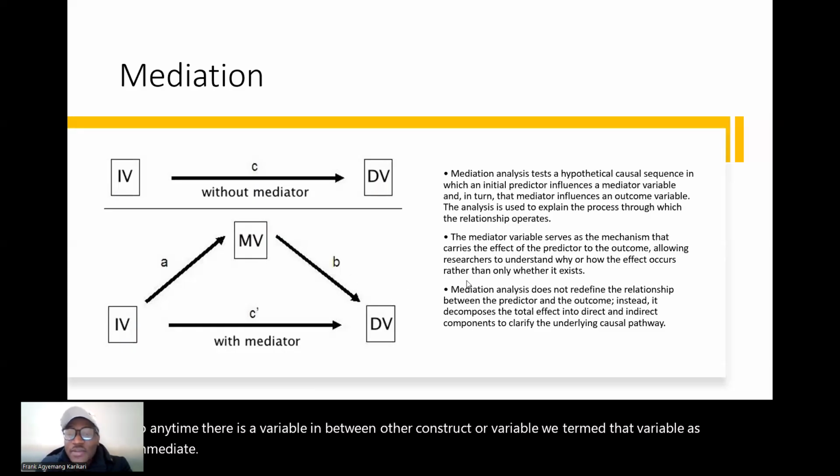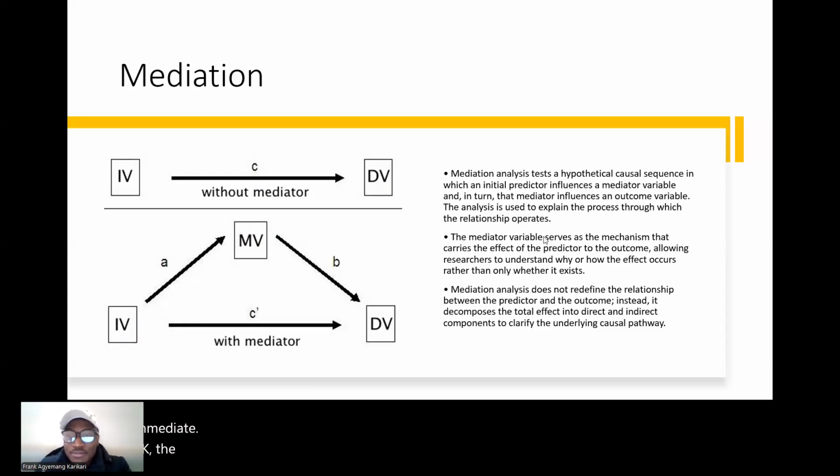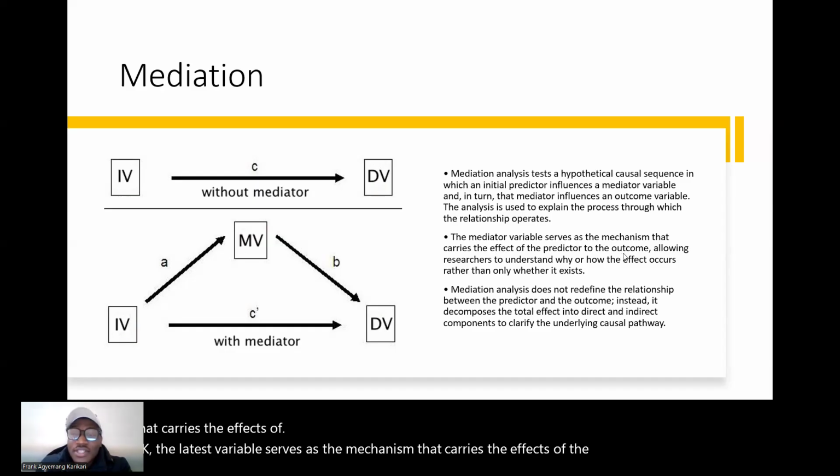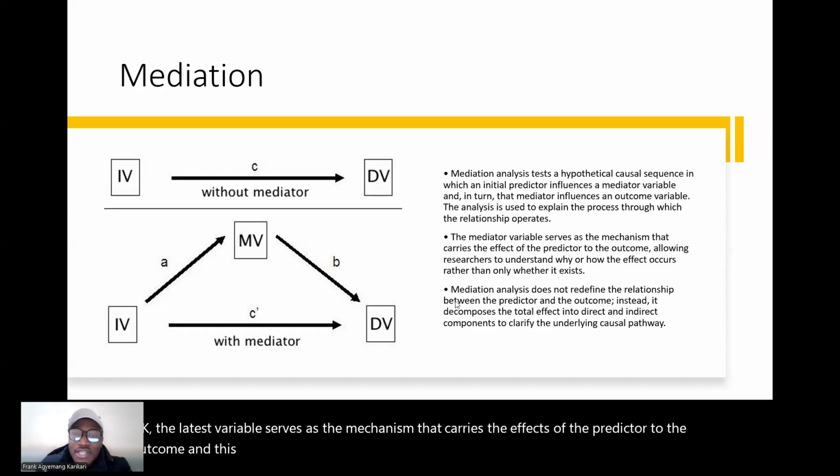The mediator serves as the mechanism that carries the effects of the predictor to the outcome. And this allows researchers to understand why or how the effect occurs rather than only whether it exists.